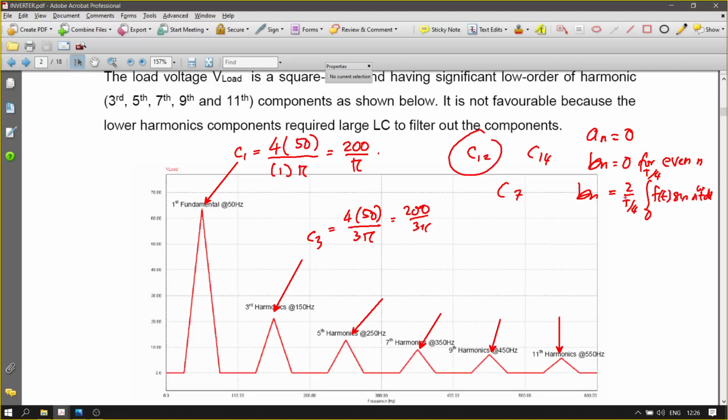You have to justify that, and then you must show that finally you come up with C12 equals 0. Why? Because of this condition, isn't it? The property of odd and quarter wave, which is Bn, because with B12 being 0, then C12 is 0. You need to show that.